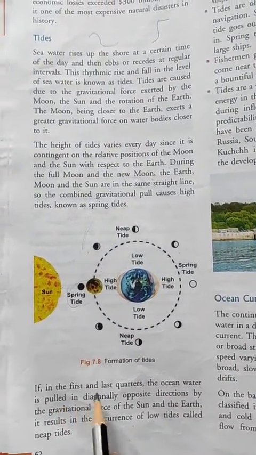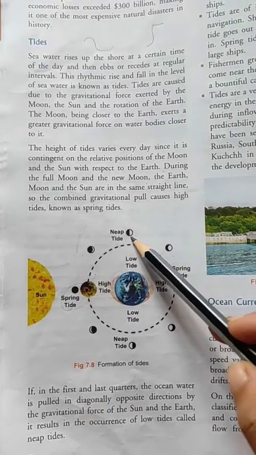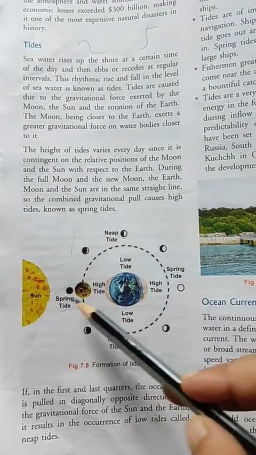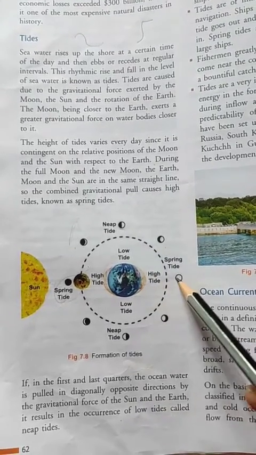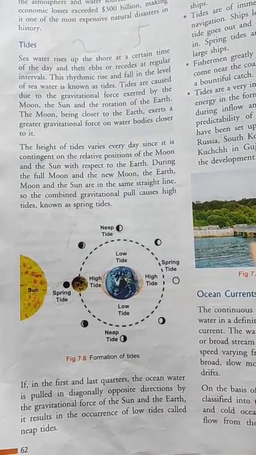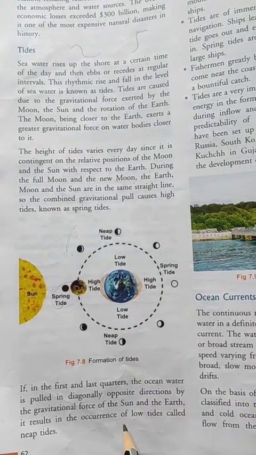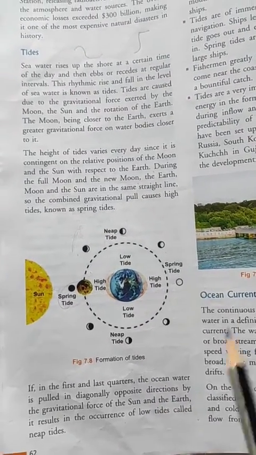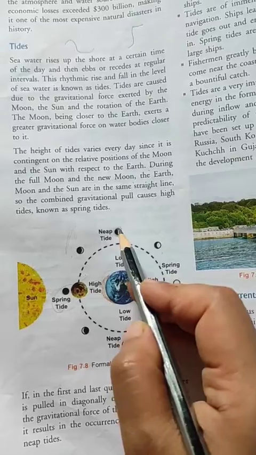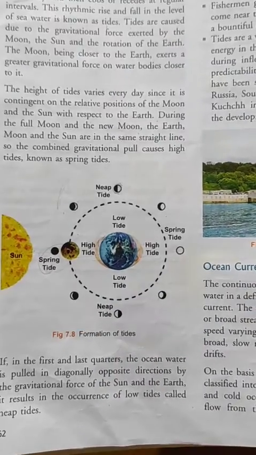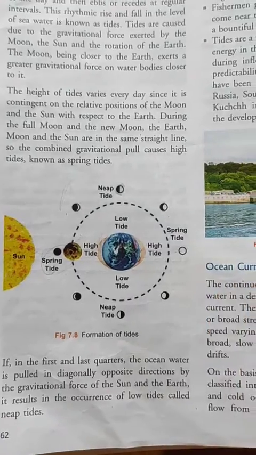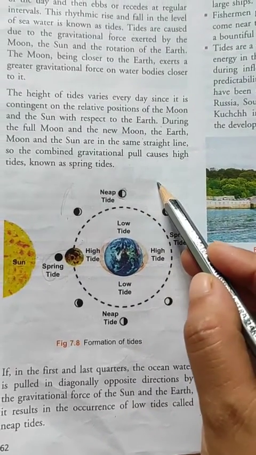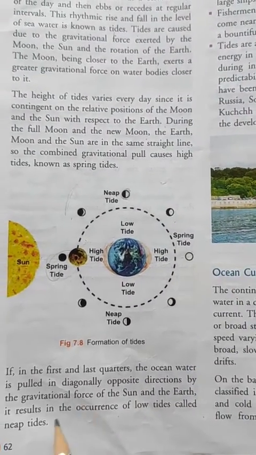If in the first and the last quarter the ocean water is pulled diagonally opposite by the gravitational force of the sun and the moon, it results in low tide, which is known as neap tide. So when the sun and moon are in opposite directions, there is a formation of low tide. This low tide is known as the neap tide.